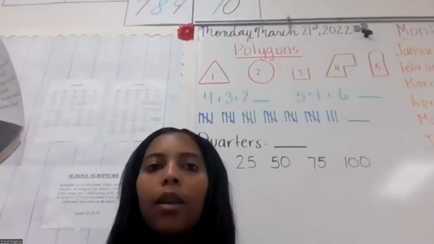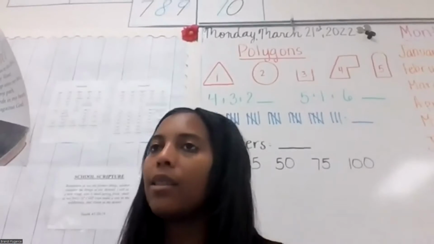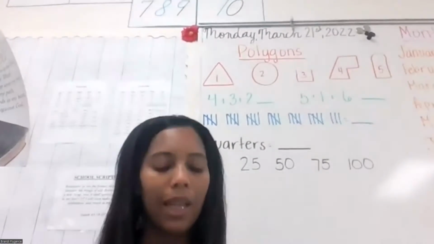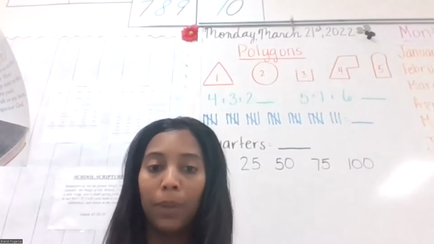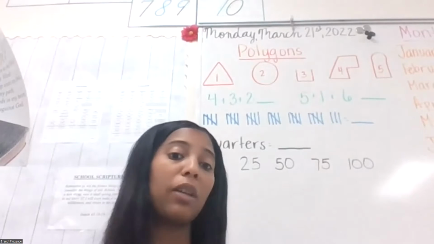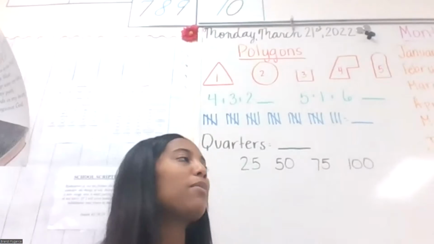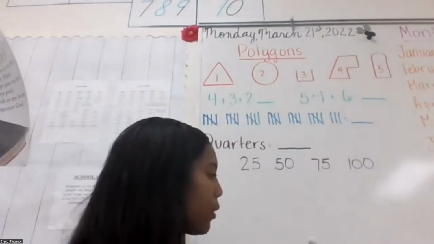All right, so we are going to talk about what's called polygons. Whenever we talk about polygons, it deals with shapes. There are certain things that determine if a shape is a polygon or not. In order for a shape to be called a polygon, it has to have two things.